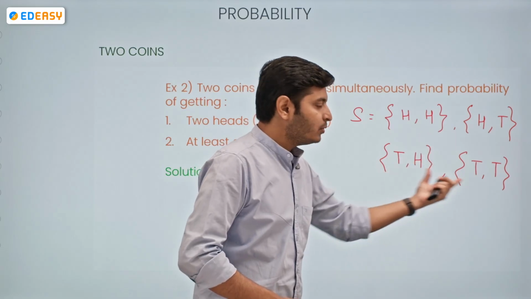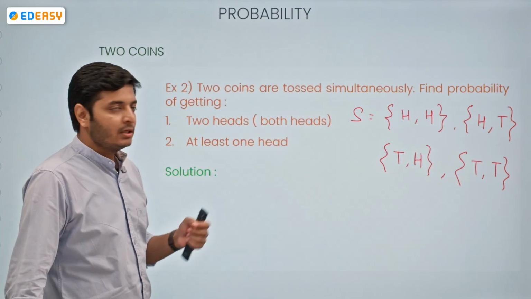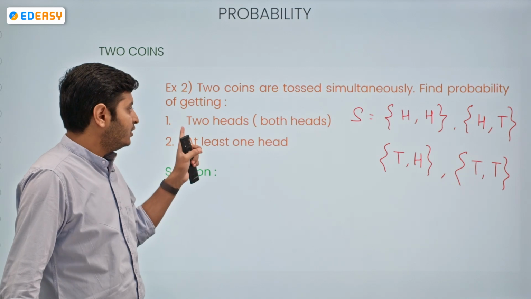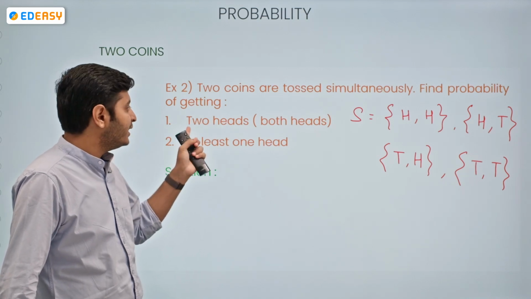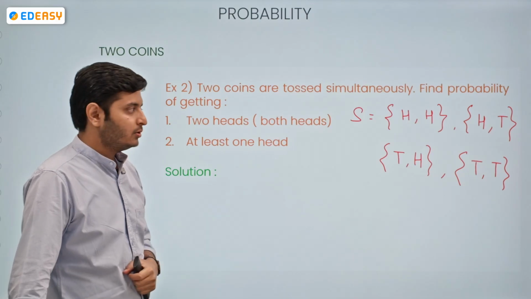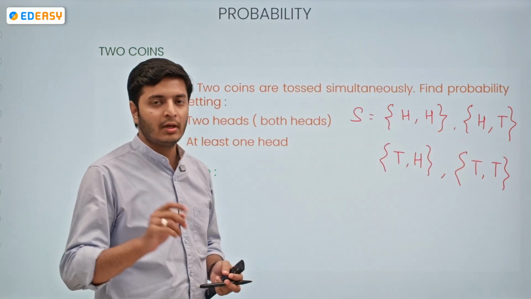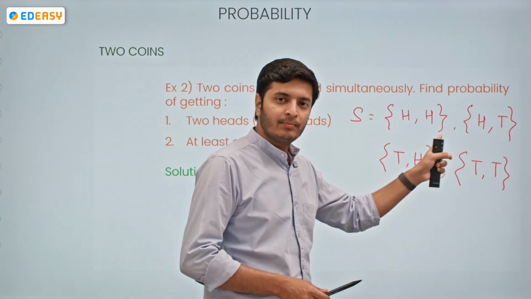Only 4 possibilities, correct? Now, in the first part, the examiner is asking us to find the probability of getting two heads. It means both the coins are showing heads only. How many favorable outcomes are there where both the coins are showing heads? Only one outcome.